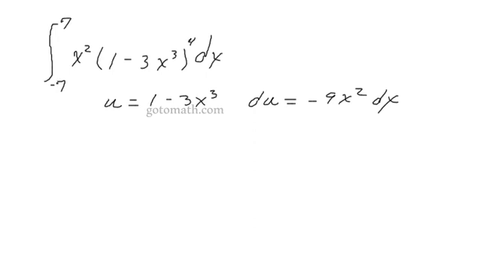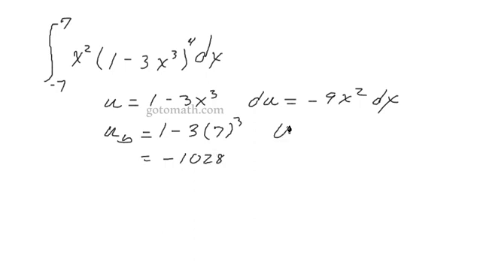And let's go ahead and convert our limits here. So we'll do the upper bound first, and this is 1 minus 3 times, we're plugging 7 in, so this is 7 cubed, and this number is nice and lovely. It comes out to be negative 1028, right?